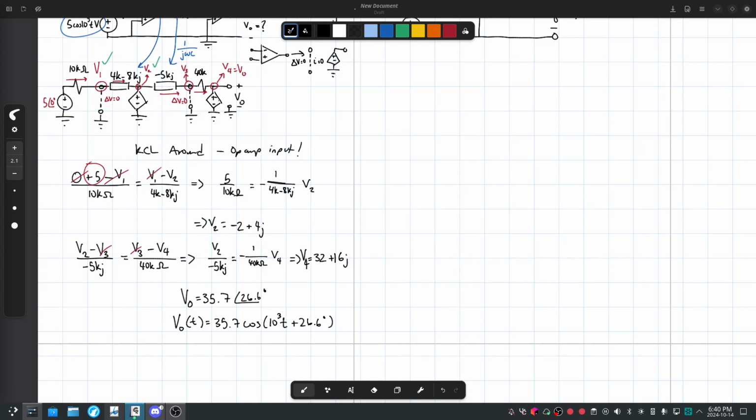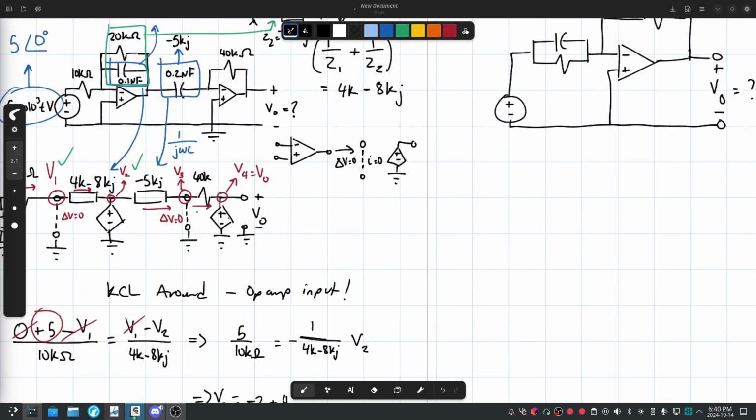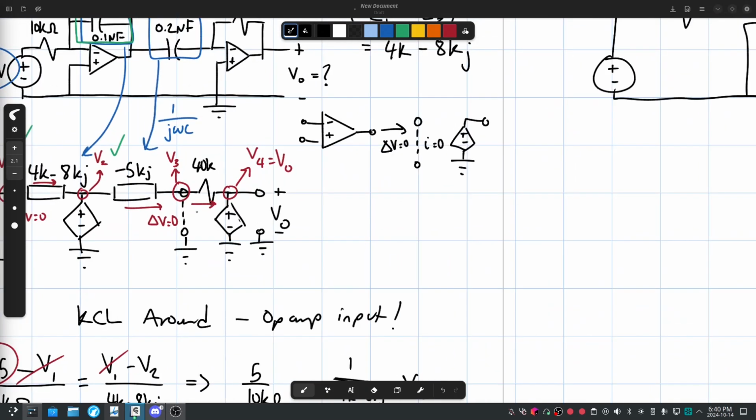If you are forced to do non-ideal, it gets a lot harder. But in that case, you can literally just replace the op-amp with the information you're given. And at that point, it's just regular KCL and KVL. So if you're able to do KCL, KVL, like in ELE302, you should be able to do it.